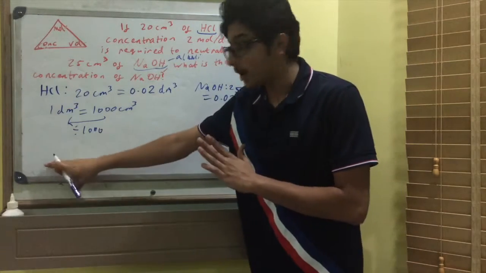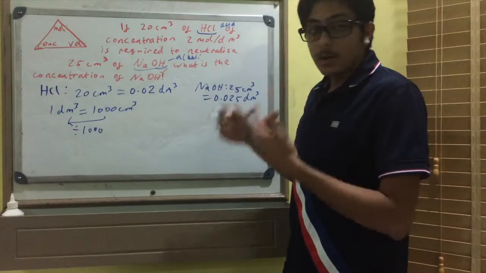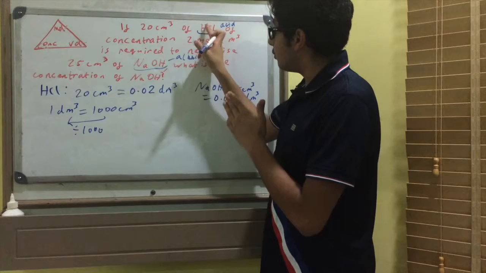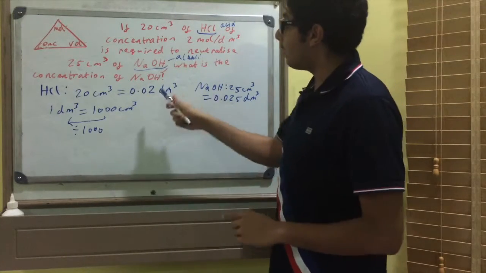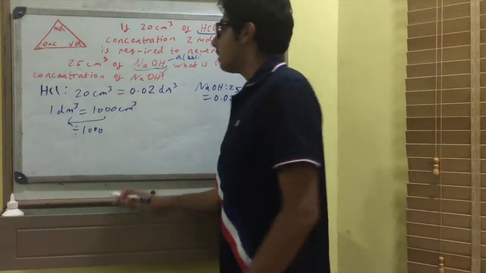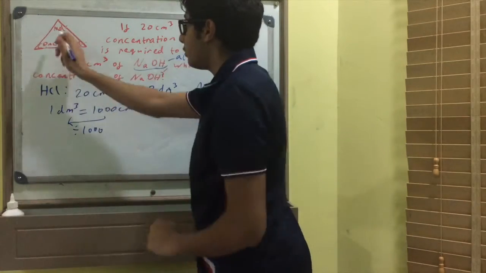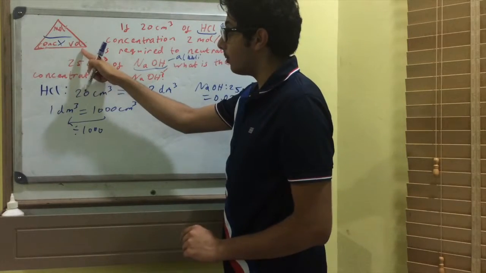Okay, back to the hydrochloric acid, because that's the thing that we know the concentration of. We have to relate the two with moles and ratios. So how do we find the amount of moles in hydrochloric acid? Moles is going to be concentration multiplied by volume.